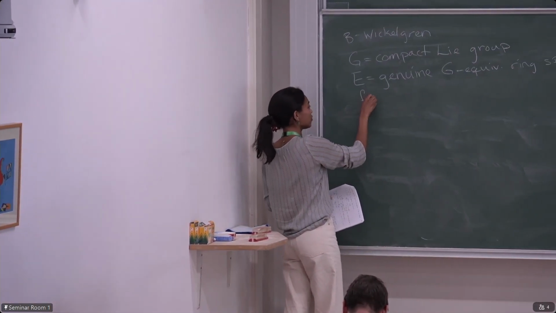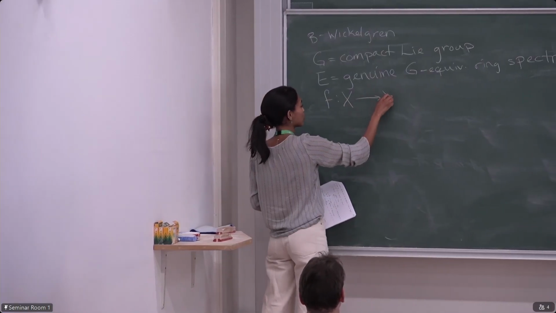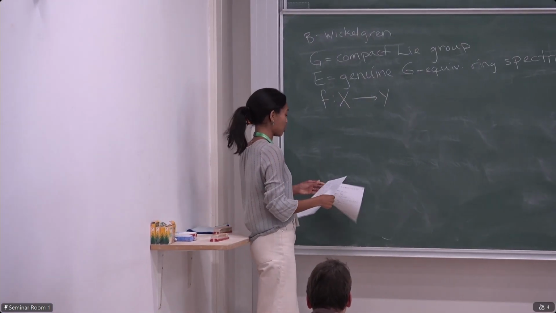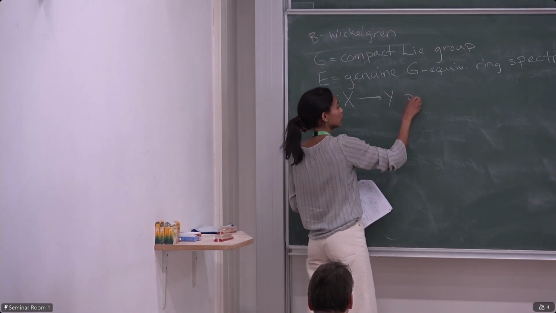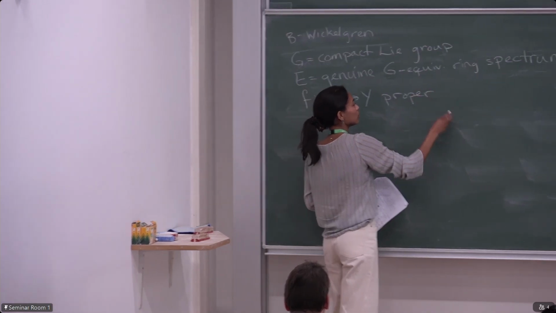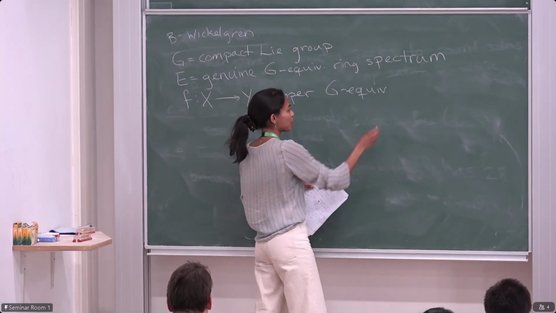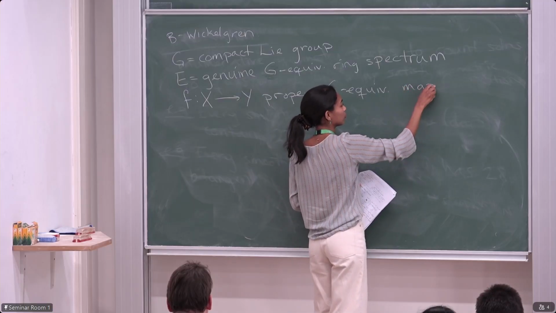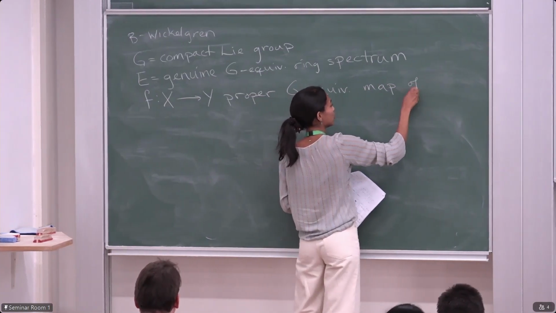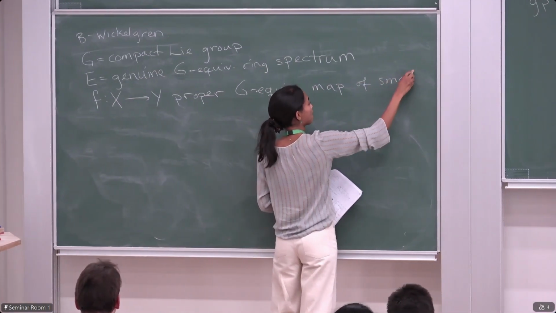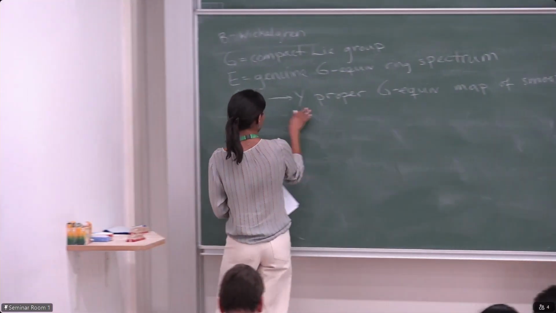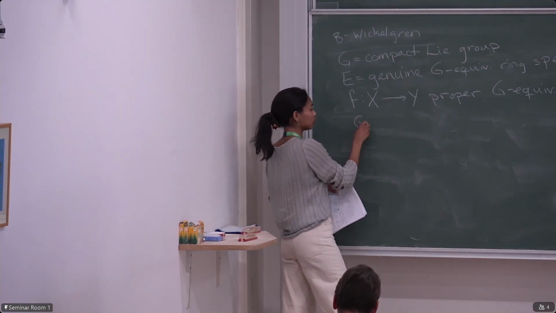And let f from X to Y be a proper equivariant map of smooth G-manifolds of the same dimension.